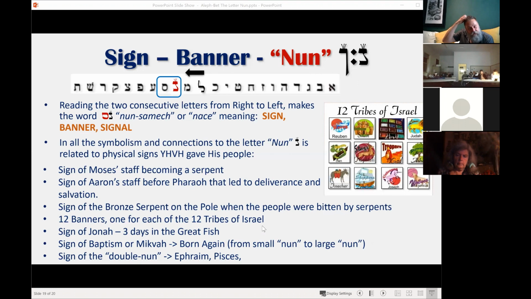There's something physical you can see. The 12 tribes had banners in the wilderness that had symbolism on them that people could see. We had Jonah, which is the sign of Messiah's death and resurrection. We have the sign of the double Nuns within Ephraim, and the sign of Pisces, which is the sign of the Age of the Gentiles.